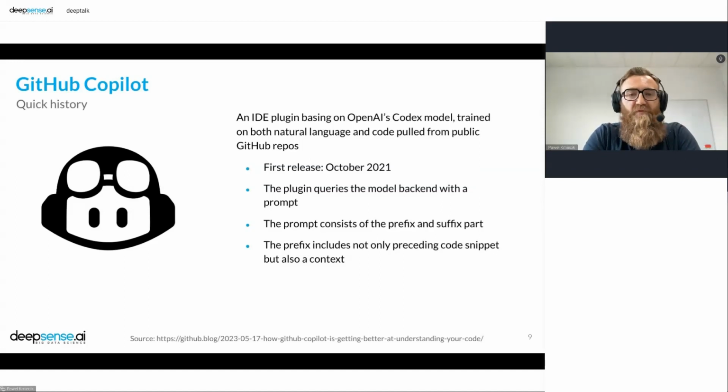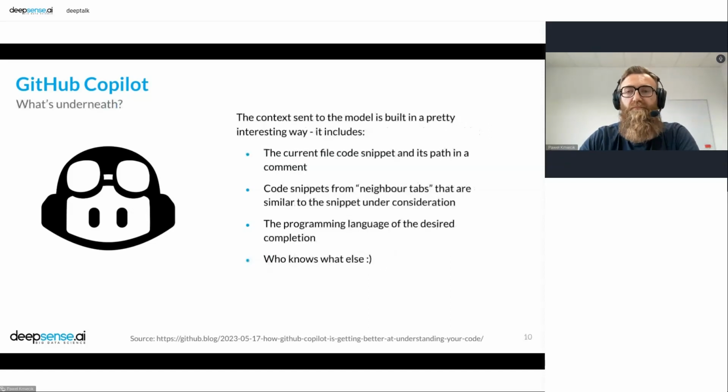More important is the prefix part, the things before the completion to be generated, because it includes some preceding code snippets as well as other context information. And this context which is sent is really interesting.